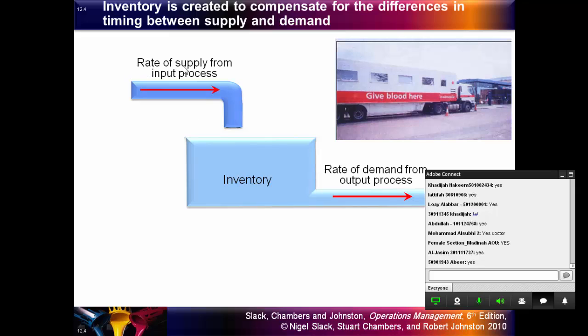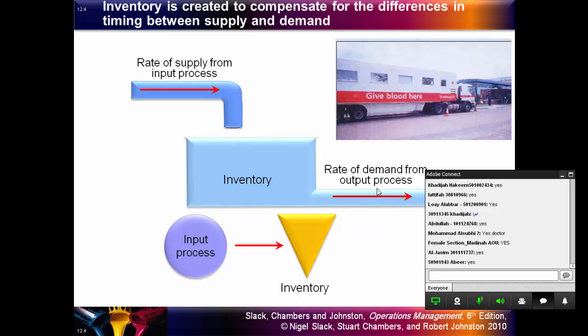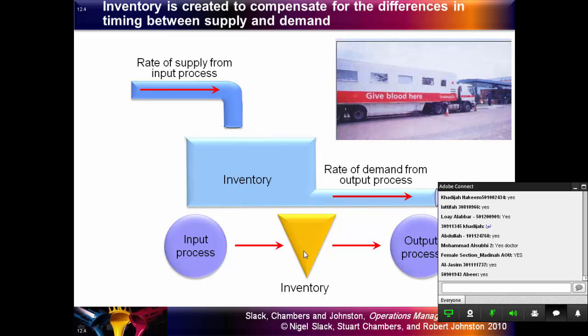We have the rate of supply from the input process, and then we have the inventory here in the middle of the operations, and the rate of demand from the output process. That means the inventory is in the middle between the input process and the output process. Here is the inventory. You can imagine that the inventory is raw materials or spare parts needed to produce final products and services.